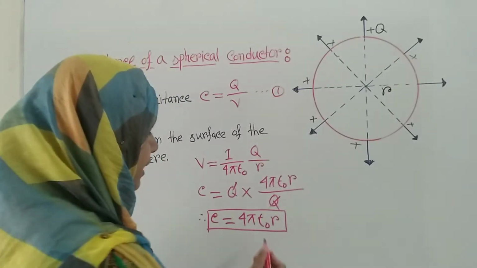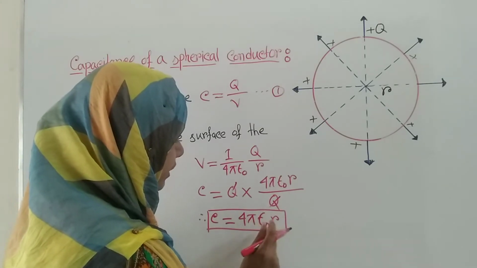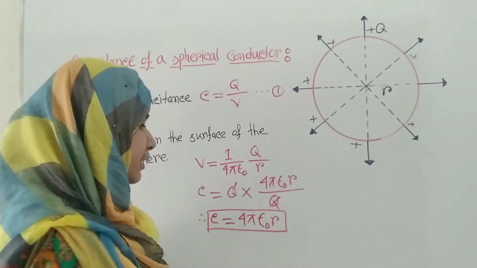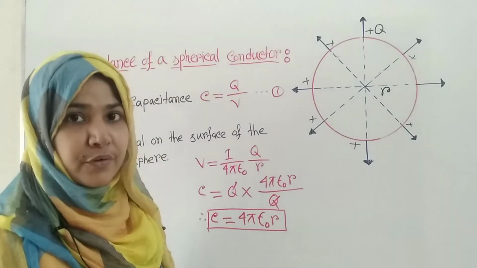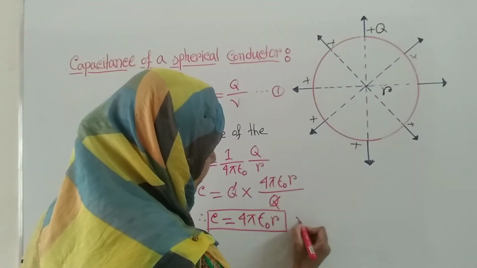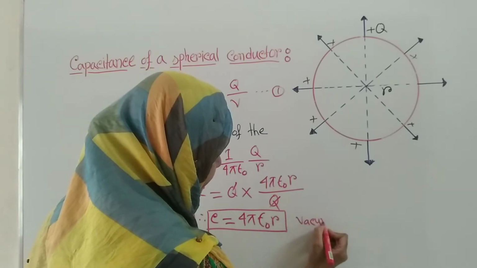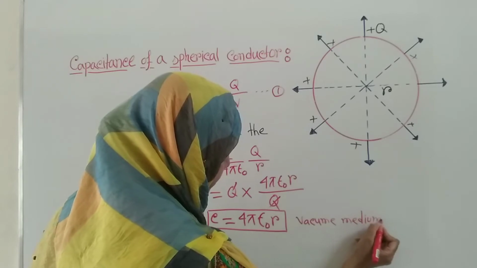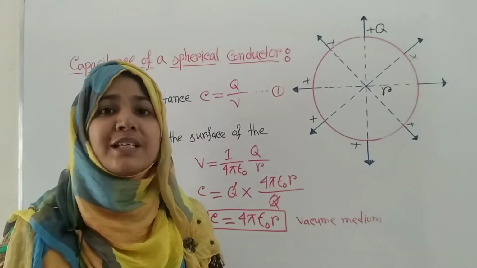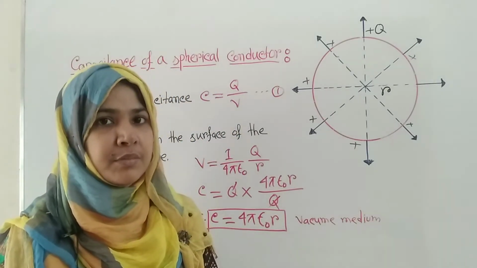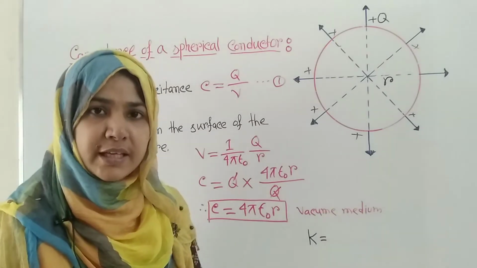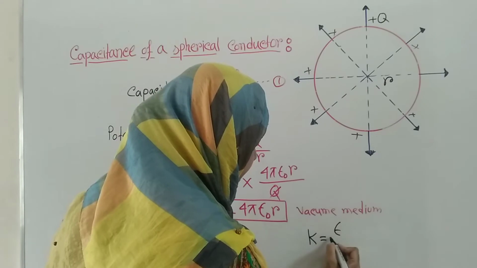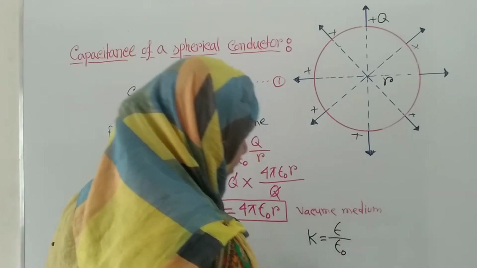As you know, epsilon naught means the permittivity of vacuum medium. So this formula is applicable for vacuum medium. But if you want to calculate the capacitance in any other medium, then you know that the dielectric constant K is equal to epsilon by epsilon naught.